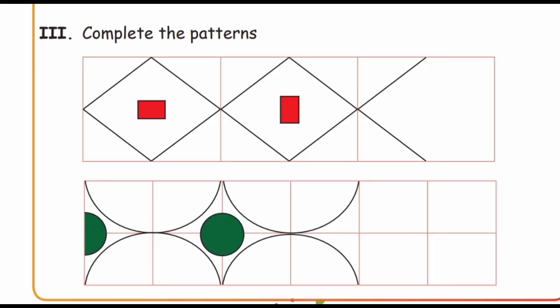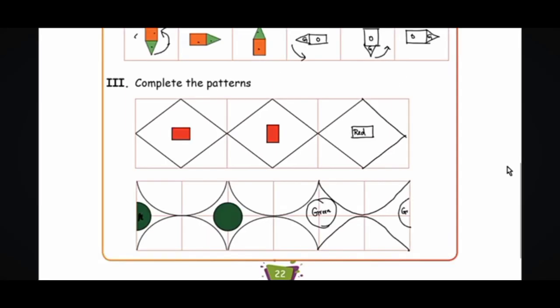Third one, complete the patterns. So we have to complete that diamond shape and draw a sleeping position rectangle. Then in the next one we have to draw the semicircle and draw a circle at the center and color them dark green. So see this picture and draw as it is and color them orange and green.